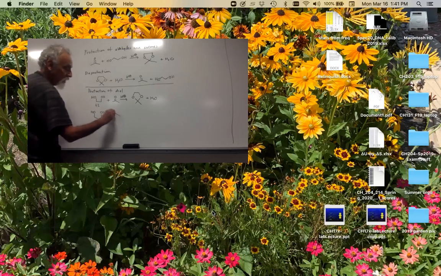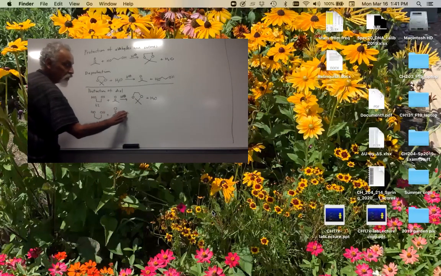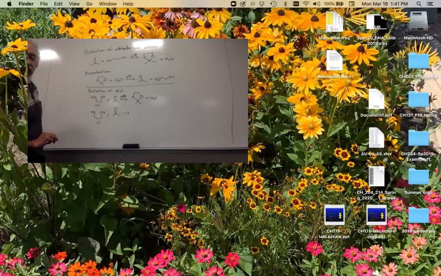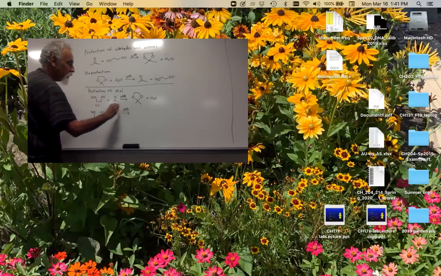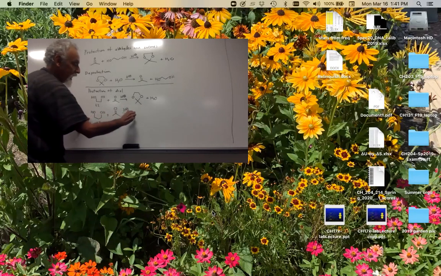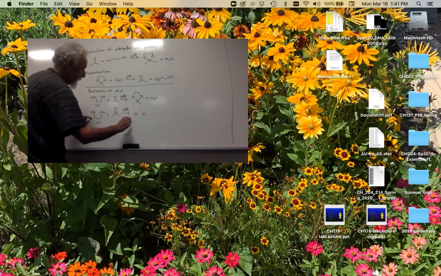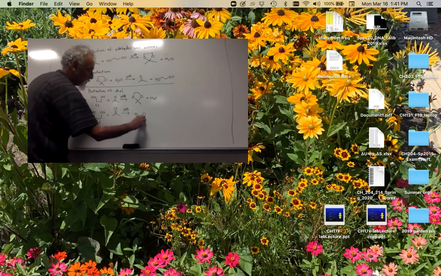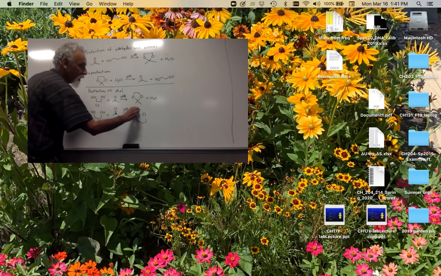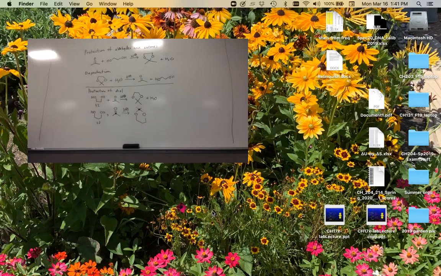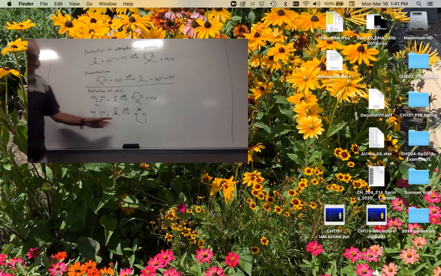Again, we would react this with some cheap and non-exotic aldehyde or ketone such as acetone, acidic conditions, and we get oxygen, oxygen, and this carbon right here, I'm going to put a dot on him, is here with these two methyl groups. And so again, what we've done is we've protected the diol.